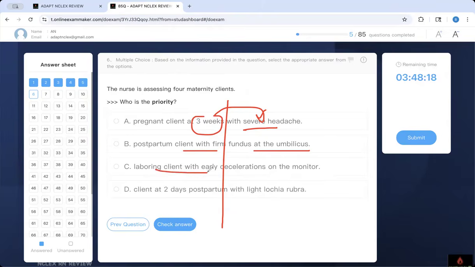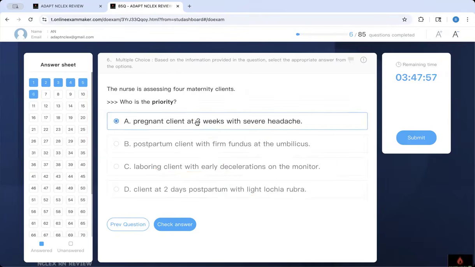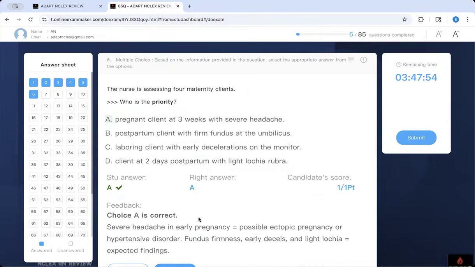Client is laboring, early deceleration is what? The problem, right? 2 days postpartum with light lochia, expected finding. I have headache and I have early deceleration. You know, early deceleration is head compression. Therefore, don't pick it. Pick the one that shows you know how to do prioritization. And that is number one.